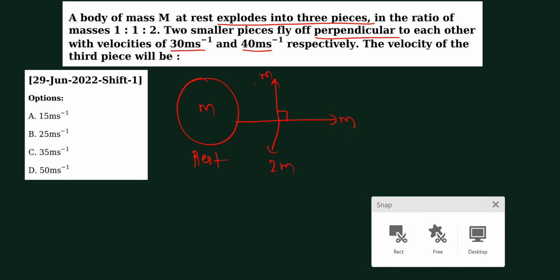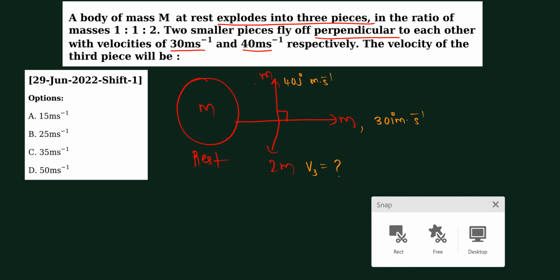The mass moving along the x-axis has velocity 30 meter per second, represented as 30I. The other mass moves with velocity 40 meter per second in the y-axis, indicated with the letter J, 40J meter per second. The velocity of the third piece we don't know. We need to find the value of the velocity of the third piece.